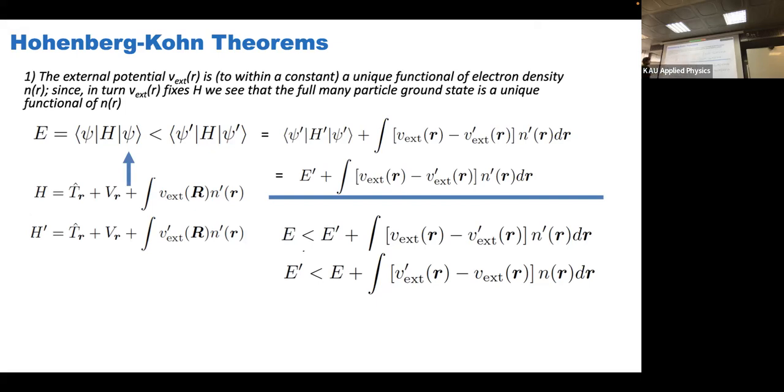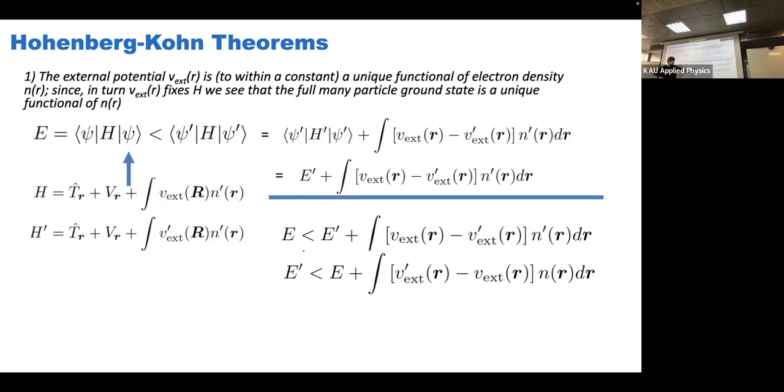And I want to show that I can't create two external potentials which will give the same ground state energy. So this correspondence should be unique, and each external potential will correspond to some unique n(r).